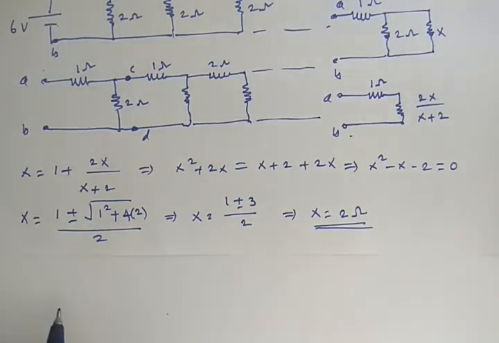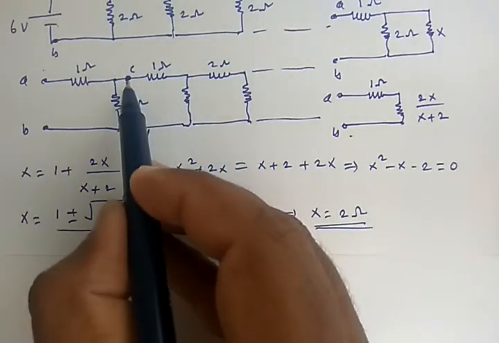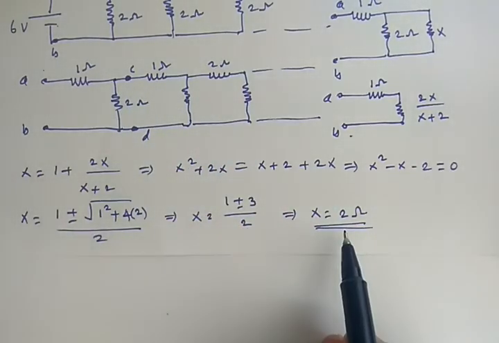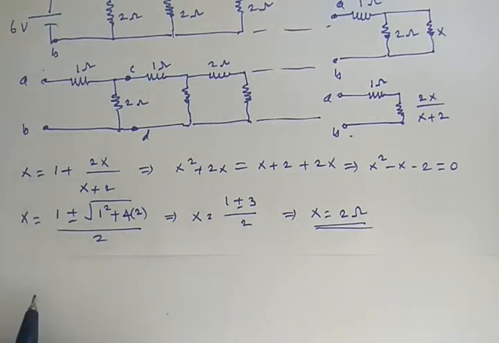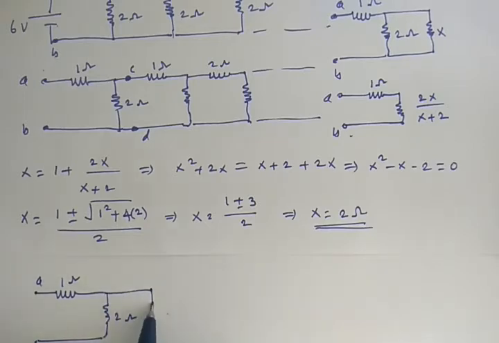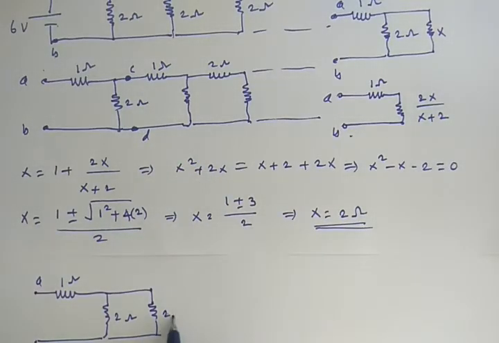We know that the effective resistance of the circuit between the C and D terminals is 2 ohm, and also across A and B is 2 ohm. So let us say this is the A terminal and that is the B terminal. This is 1 ohm and this is 2 ohm, and the effective resistance between C and D is also 2 ohm.